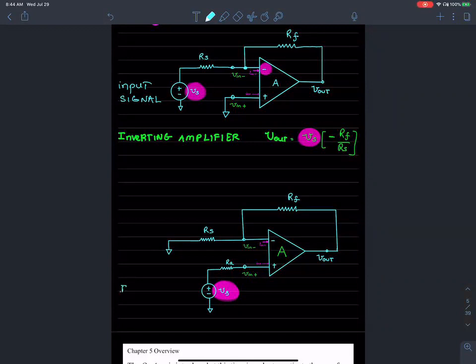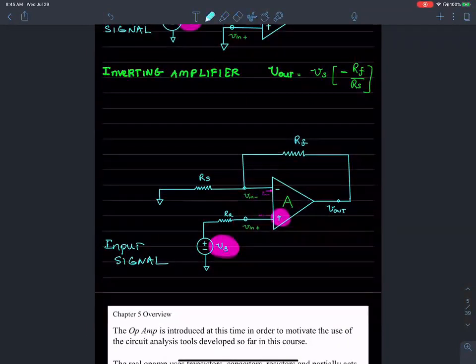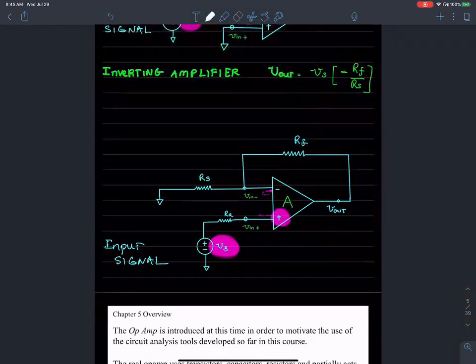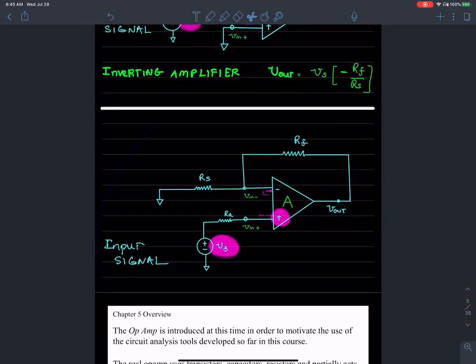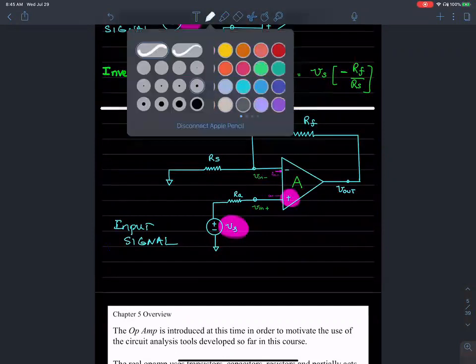If the input signal is tied to the positive terminal, then we call it a non-inverting amplifier. Let me try to give you the value for the output here.